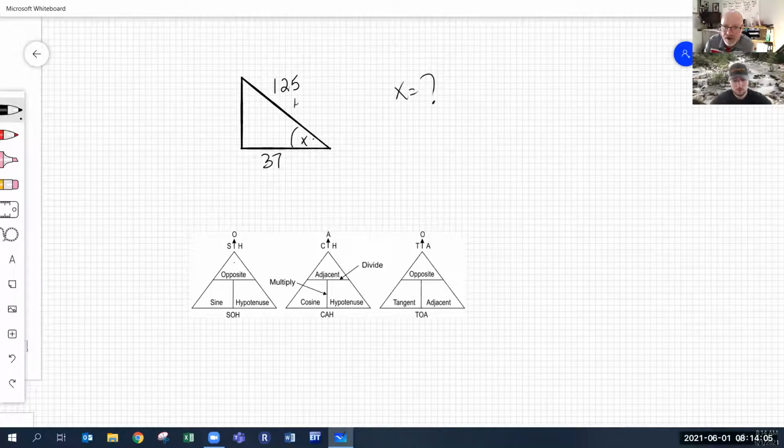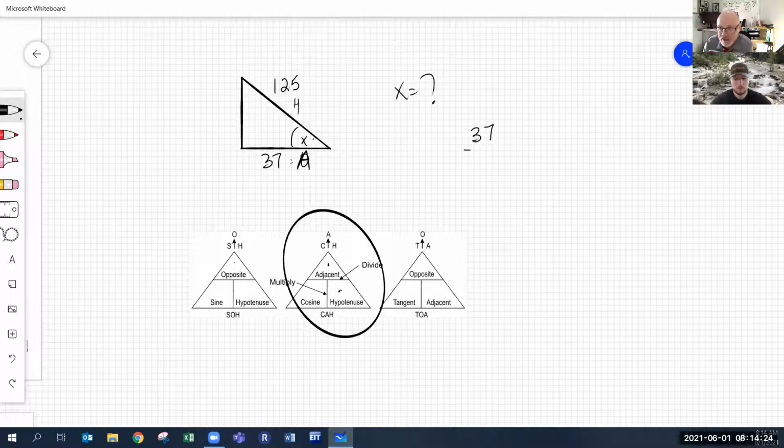So I have a hypotenuse and I have an adjacent. So I'm going to use this formula triangle. And it says take my side adjacent and divide it by my hypotenuse, and it will give me an angle ratio.